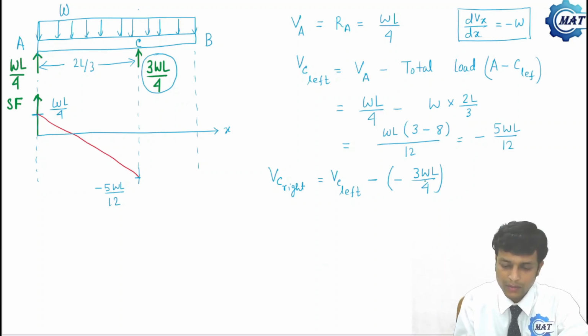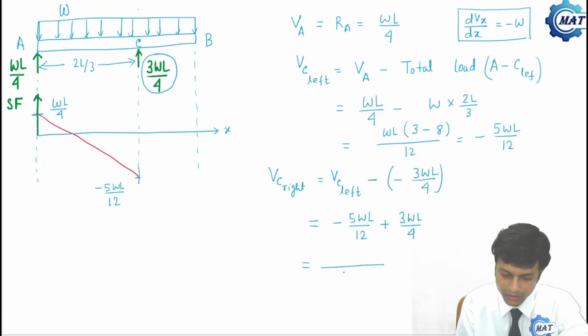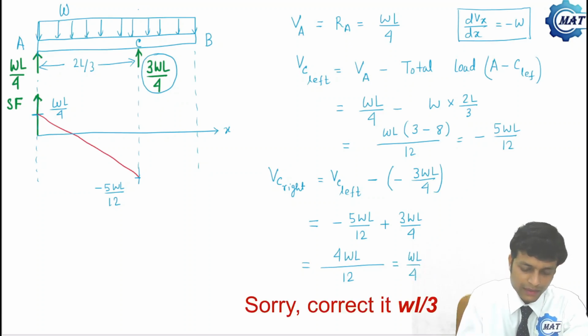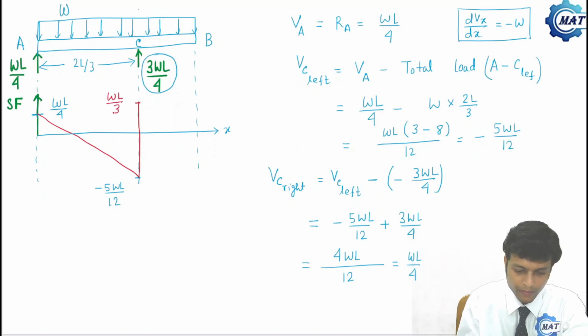This is upward, so this will be minus. So VC left was minus 5WL by 12 plus 3WL by 4. That becomes minus 5 plus 9, that is 4WL by 12, that is WL by 3. So there is a sudden rise in shear force and that goes to here, that is WL by 3.